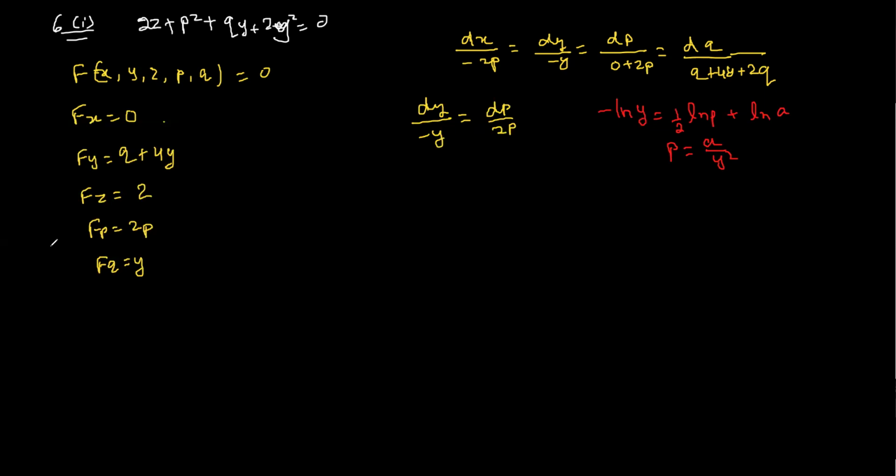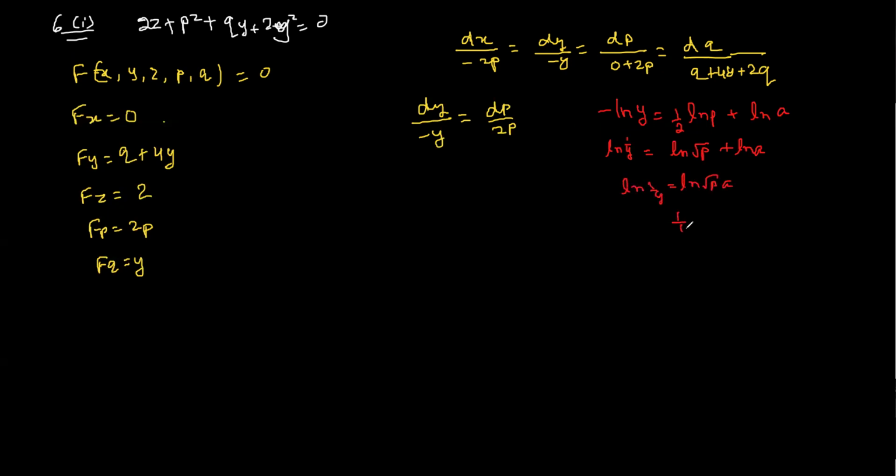Not understood. See. Multiply 2 on both sides. Or you can write half ln p, half means root p, plus ln a. And this is ln y to the power minus 1, ln 1 by y. Ln root p a equals ln 1 by y.